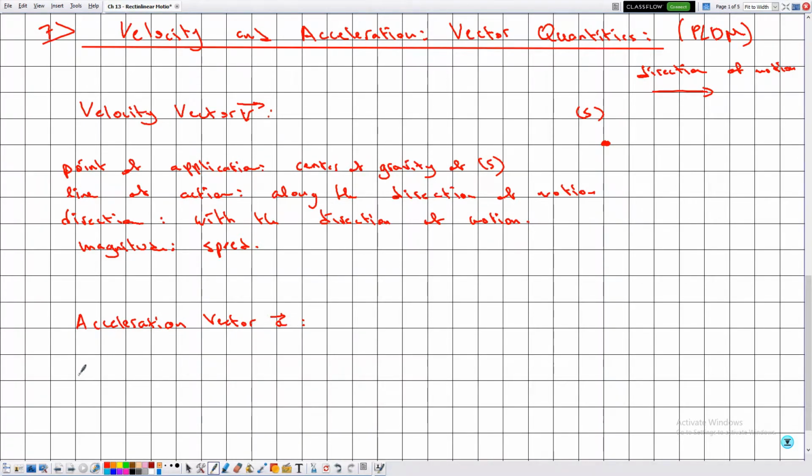the point of application would also be the same, the center of gravity of S. Now the line of action would be along the direction of motion.